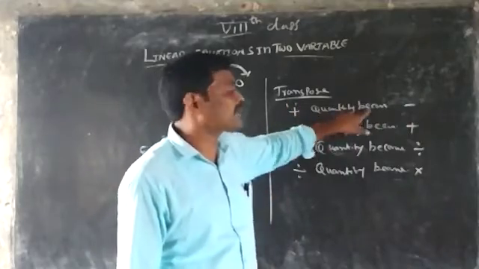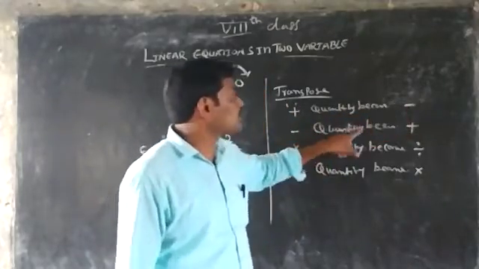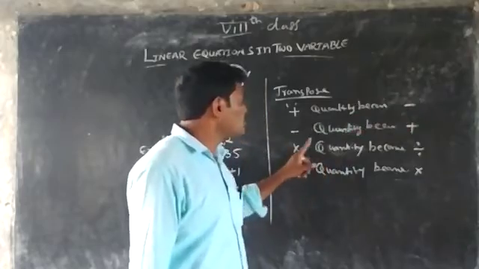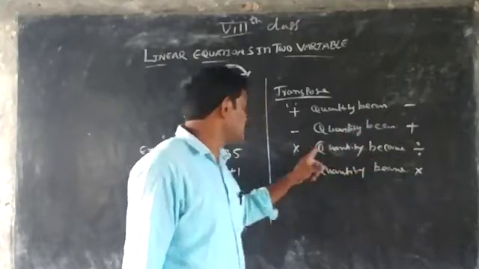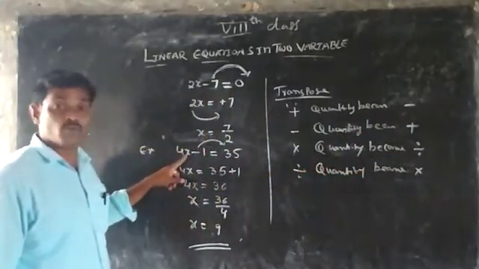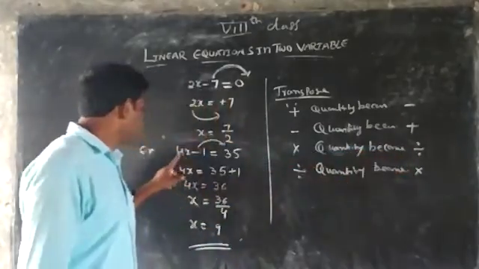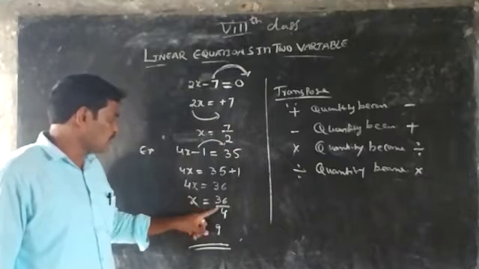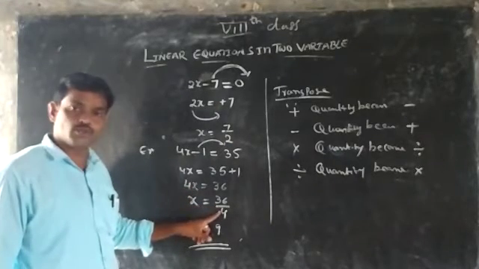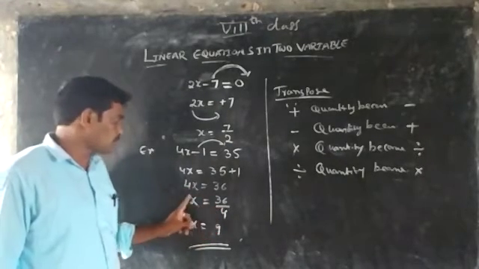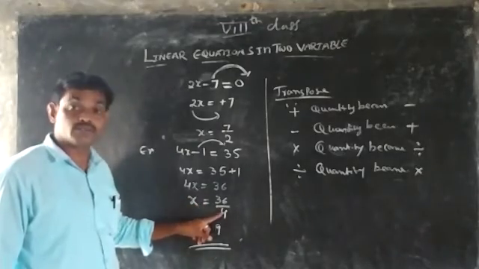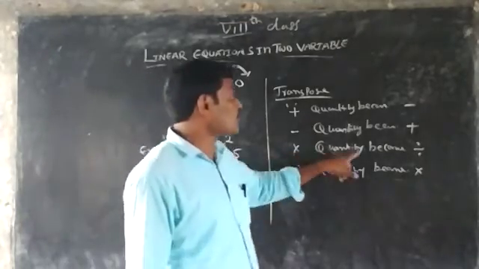Transpose: plus quantity becomes minus, minus quantity becomes plus, into quantity becomes divided by. Into means multiplication. Suppose 4x means 4 into x. The into quantity becomes divided by, so this 4 changes to the denominator.